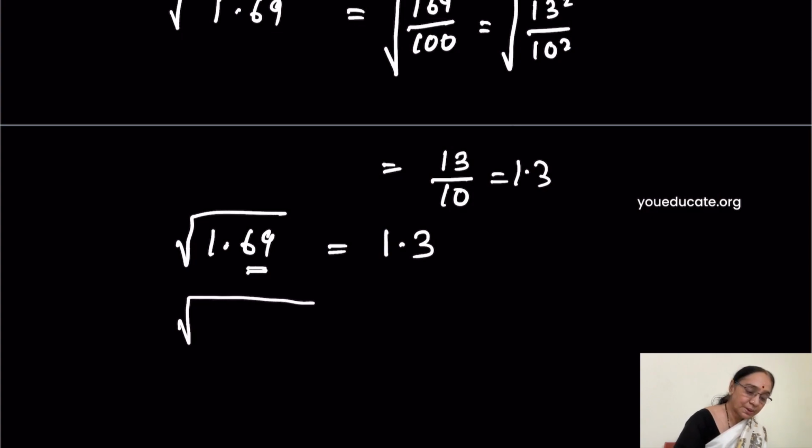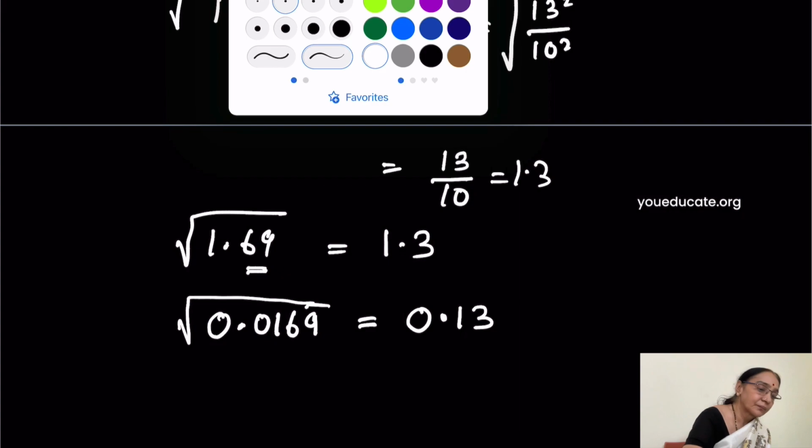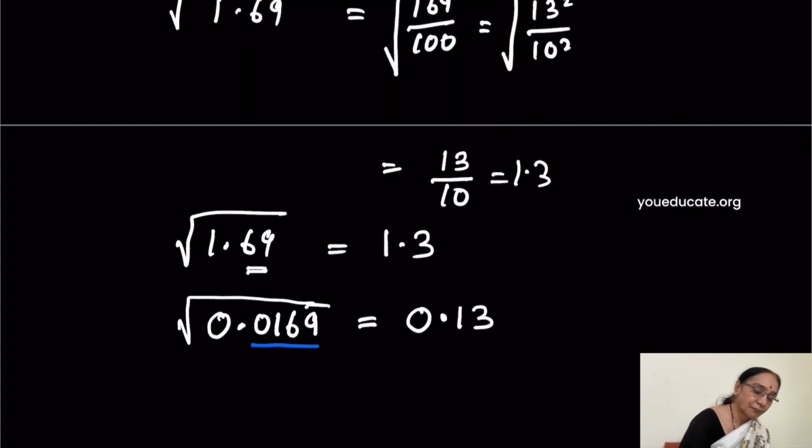So now I'm using the same 169, but I'm going to write 0.0169. Now how many digits are there after the decimal point? There are 4. And in your square root, there will be half the number, so it will be 0.13. So here you have 4 decimal places, and in your answer you have 2.